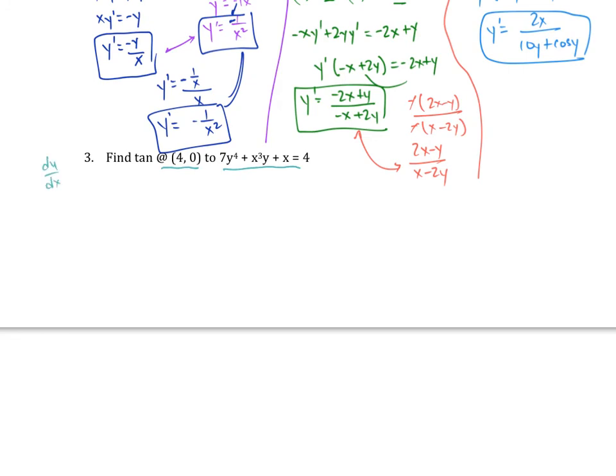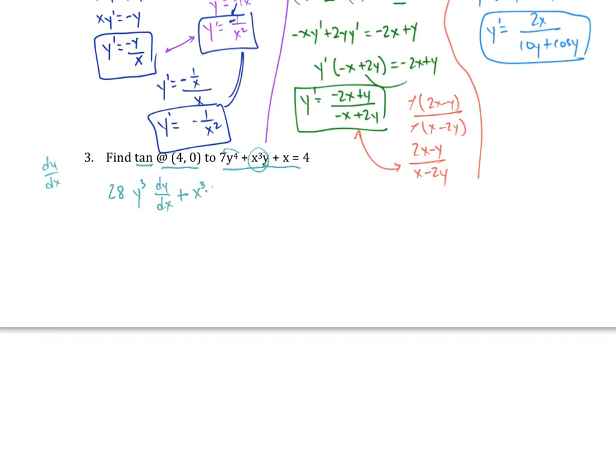Okay, so starting with this, finding a tangent means I need to find a slope. Finding a slope means I have to take the derivative. So that means over here, 4 times 7, 28, y to the third, dy dx. Plus, over here, I need a product rule. This will be first times derivative of the second.